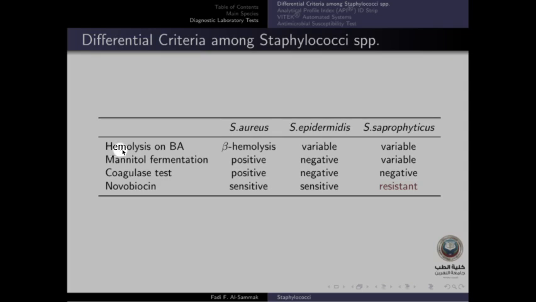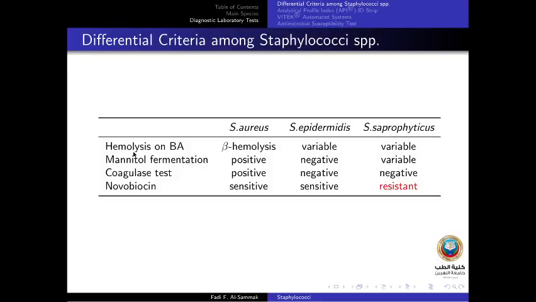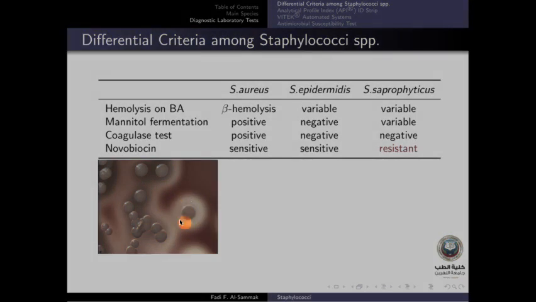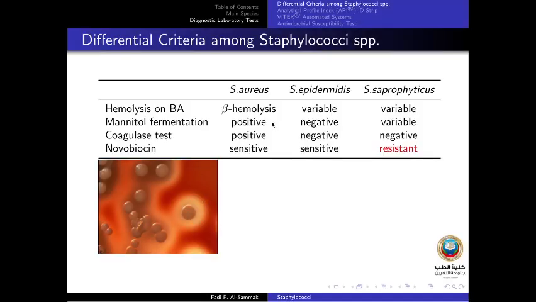So as for hemolysis on a blood agar, we can see the colony here, and around the colony, we see a complete RBC lysis. So this is beta hemolysis. Well, this can be seen in Staphylococcus aureus, but it is variable in epidermidis and saprophyticus.